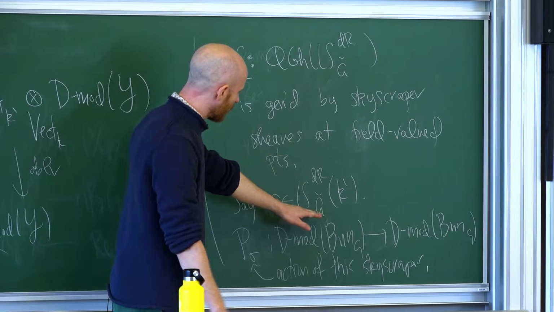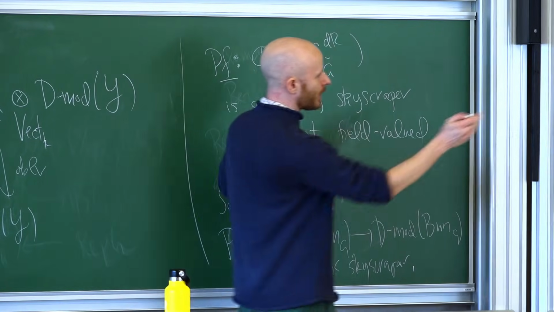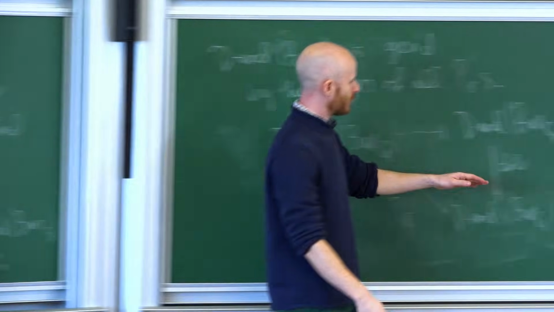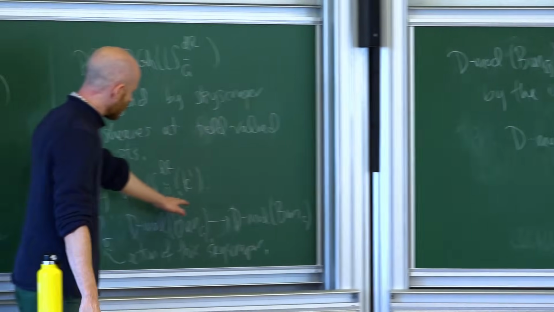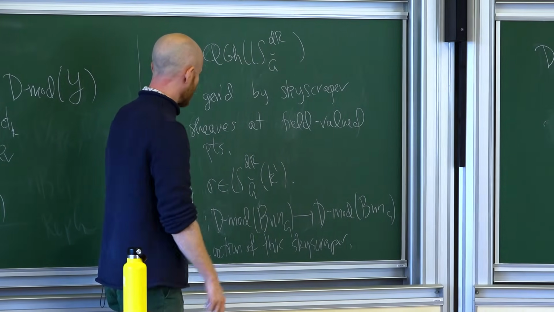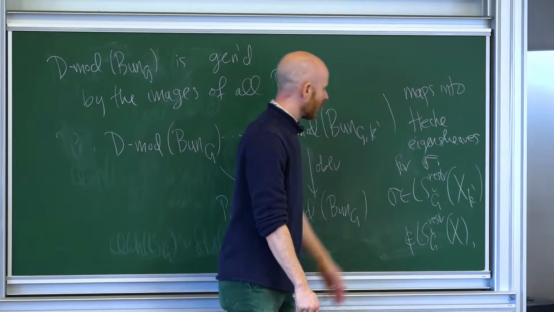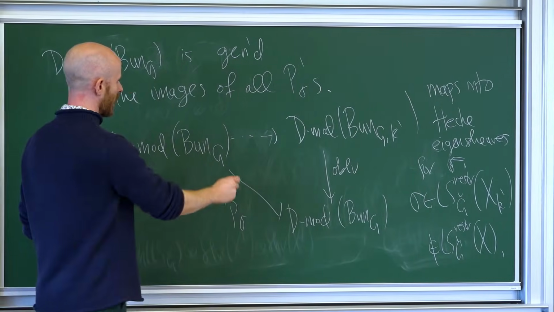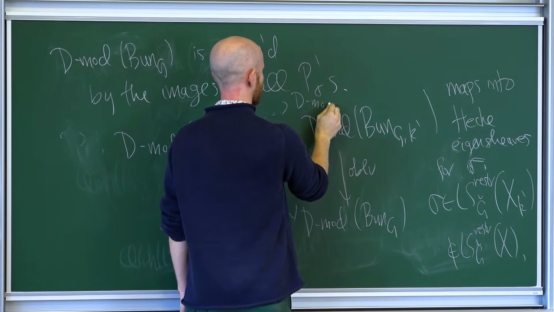It's just a vector bundle with connection on x, but defined over k prime. And that's exactly the kind of thing that gives you a point of this Lox G-check restricted. But then when I restrict that vector bundle with connection, I might get some huge non-holonomic thing on x. And so it doesn't count here. And so then I'm saying that actually, by that theorem, it's going to factor through this d mod nilp.